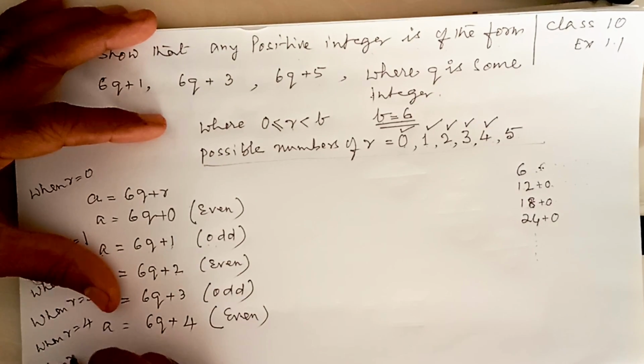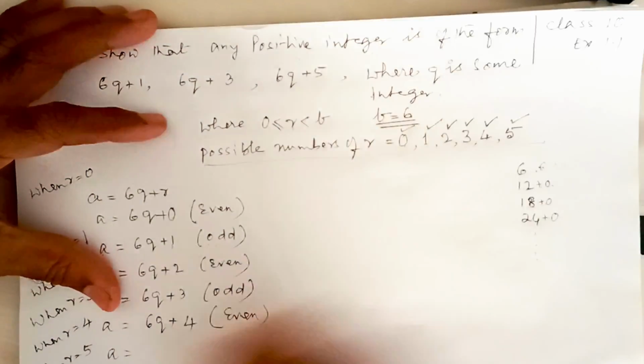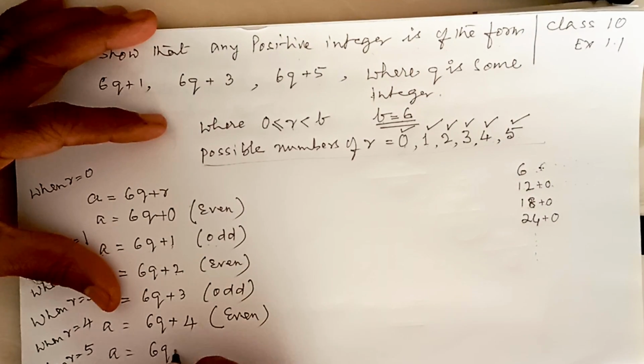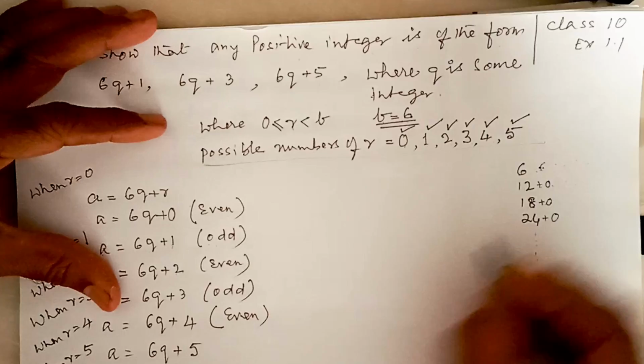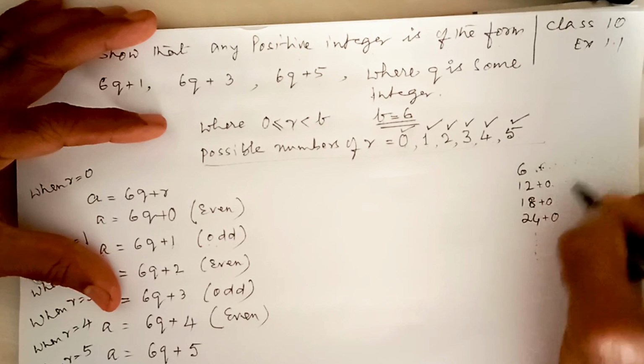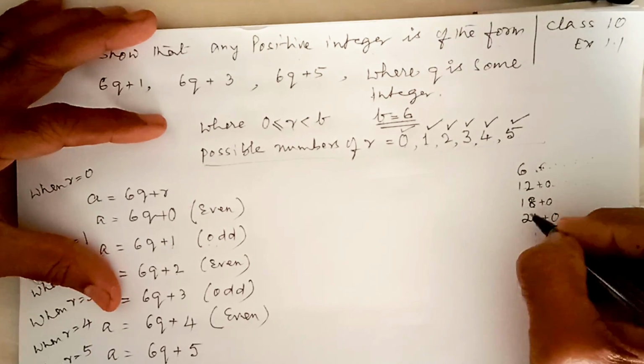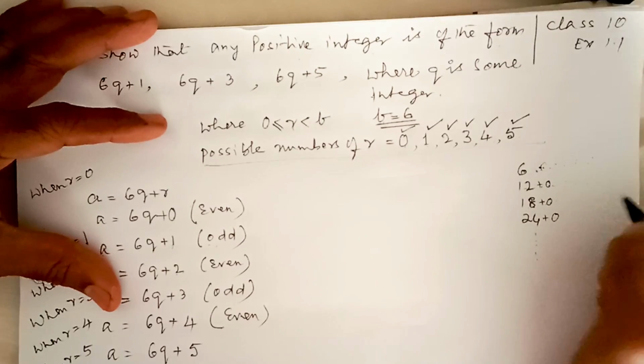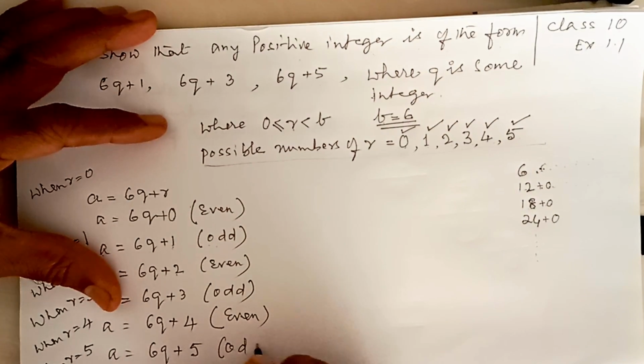Finally, when r is taken as 5, which is 6q plus 5, 6 plus 5 is 11, you get an odd number. 12 plus 5, 17, an odd number. 18 plus 5, 23, an odd number. So you get only odd numbers.